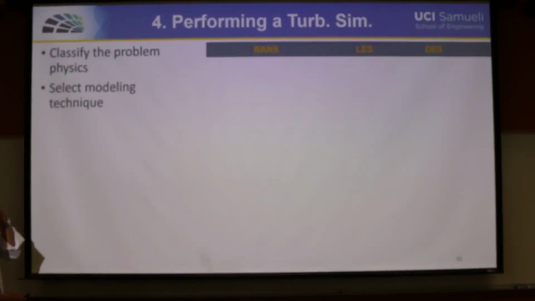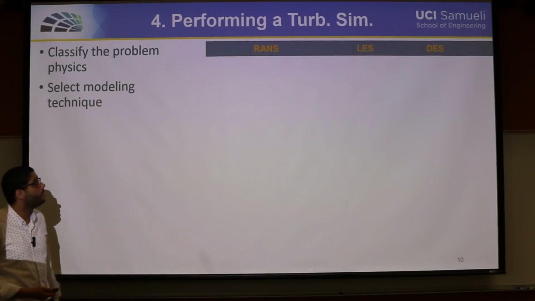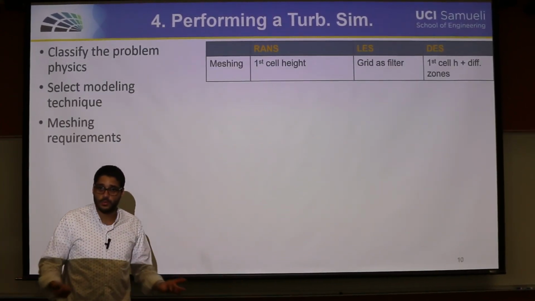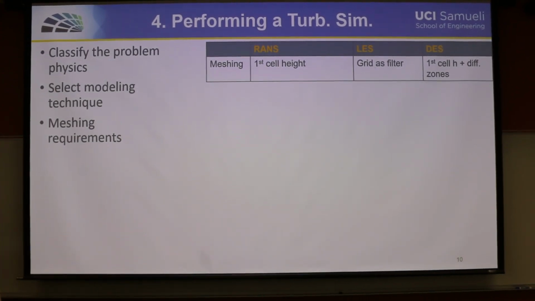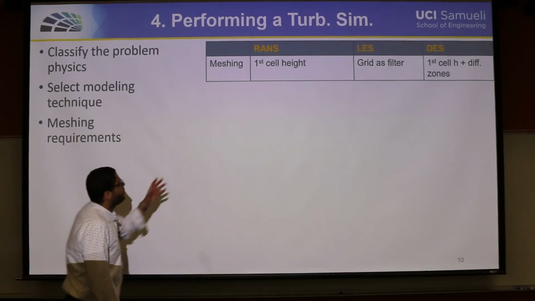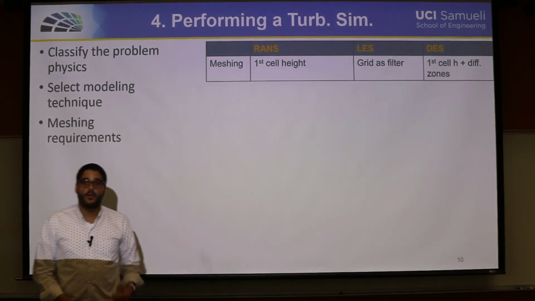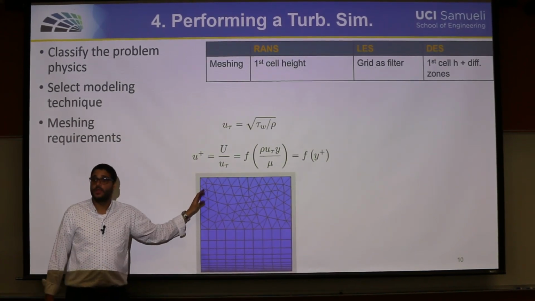The second step is to select your modeling technique based on what you have. You acquire the physical sense of your problem. Select the modeling technique, either RANS, LES, or DES, whatever you are interested in, and then do the meshing requirement. For the RANS, one of the most important meshing requirements is the first cell height. Remember what I was showing here for the Y plus.